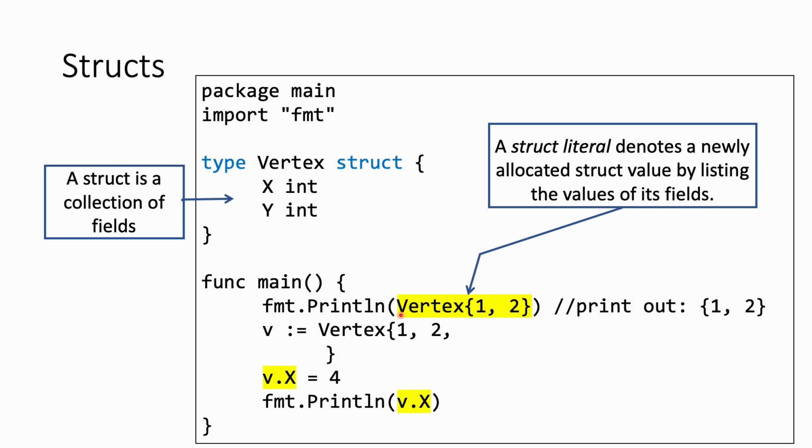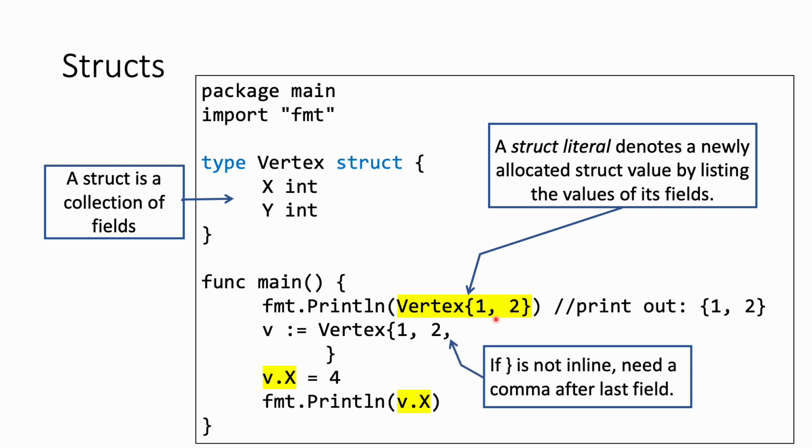For example, this expression starting with the struct name Vertex and followed by the list of field values 1, 2 is a struct literal of the Vertex struct, where the field X has value 1 and the field Y has value 2. A struct literal is analogous to a constant integer of type int.